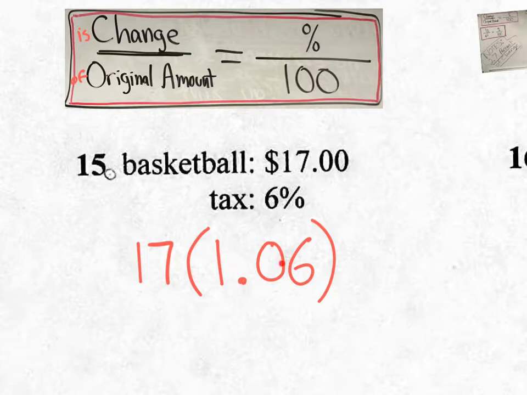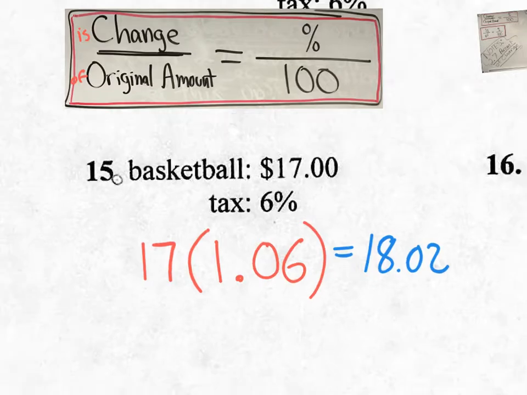So 1 plus 0.06, might as well just write it 1.06. So on the calculator, 17 times 1.06, that'd be $18.02. So the final price for a $17 basketball in a state that charges 6% sales tax is going to be $18.02.